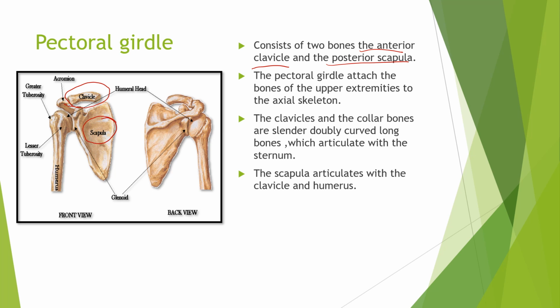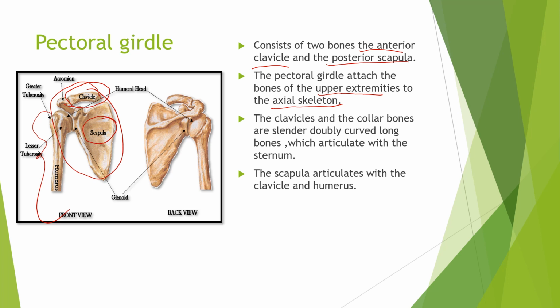The pectoral girdle is attaching the bones of the upper extremities, which means the arms, to the axial skeletal system. So through this clavicle and scapula, the arm bone is attached to the axial skeletal system.